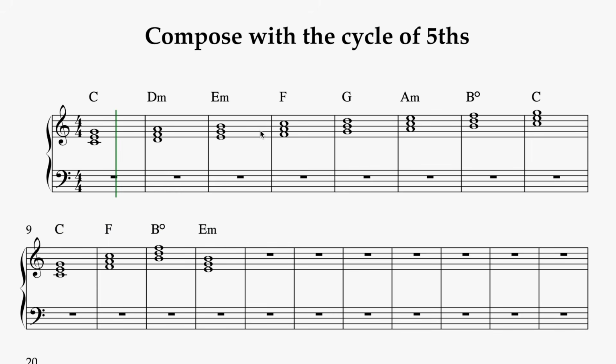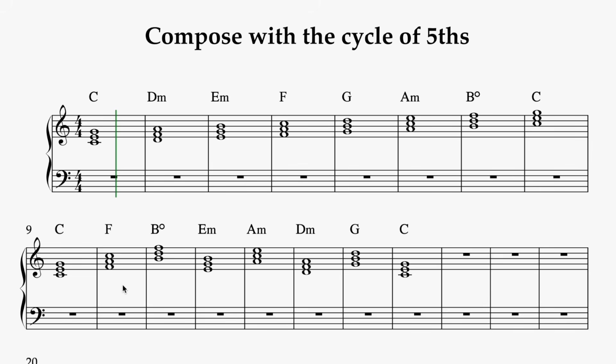E minor, E is the fifth note of A, A is the fifth note of D, D is the fifth note of G, and G is the fifth note of C. So there they are. Now, this is just a little spike in the key, and we can sort of just live with it for now.